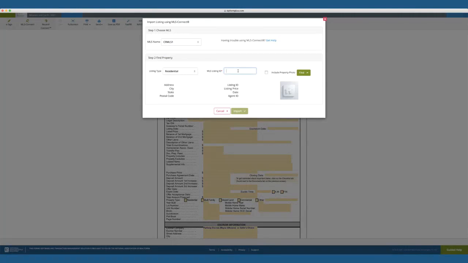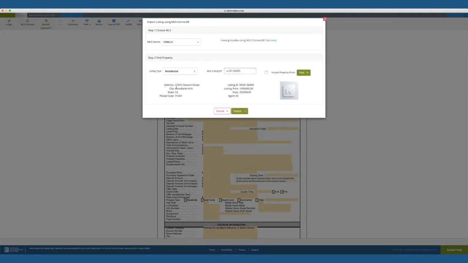And I've chosen a listing. That's not it. 2126069. So I'm going to put in that listing ID number and say find. And there it is.